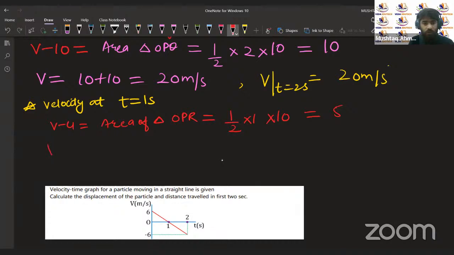So V minus U is equal to 5, or V is equal to 5 plus 10, that's equal to 15 meter per second, right?